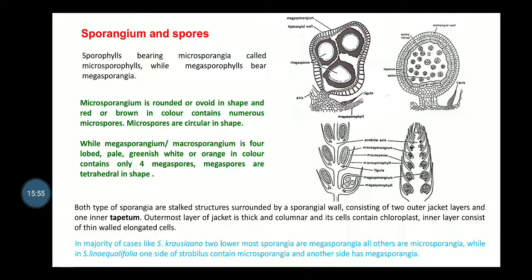That is the view of Selaginella leniculifolia, which bears microsporangia on the left side and megasporangia on the right side. In the left picture, that is Selaginella kraussiana, the lowermost sporangia are megasporangia and the others are microsporangia.